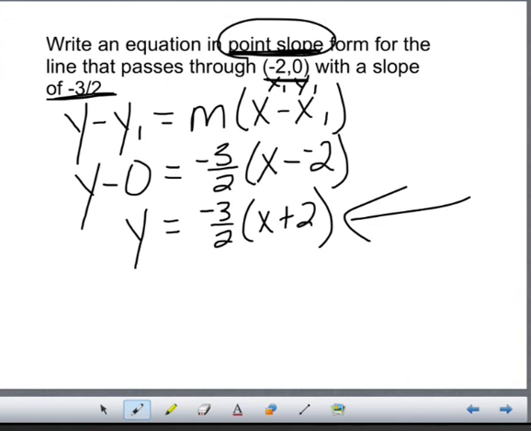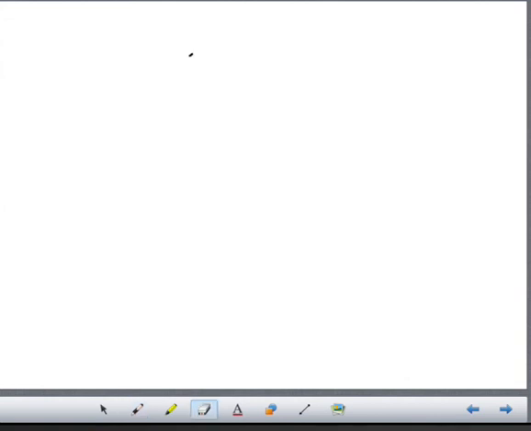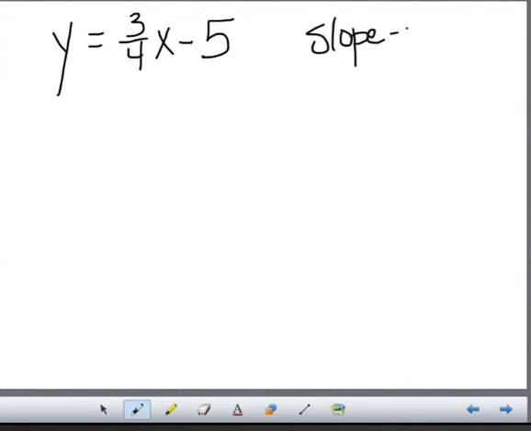Now we're also going to be moving around from one form to another. Let's say I gave you this equation. I said y equals 3/4 x minus 5. What form is that right now? Slope-intercept form, y equals mx plus b.